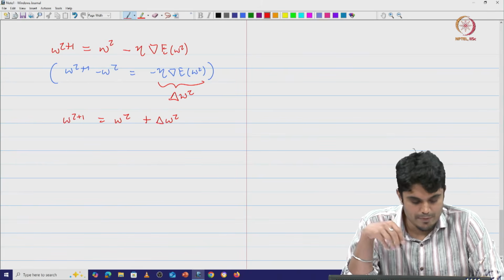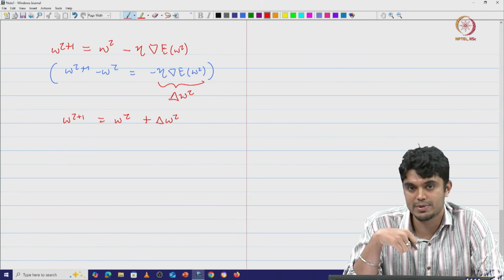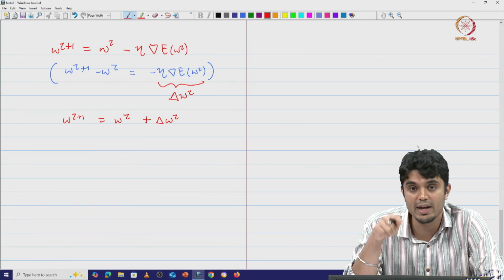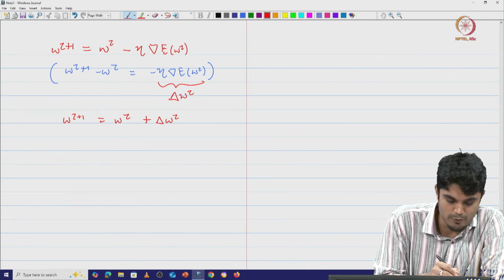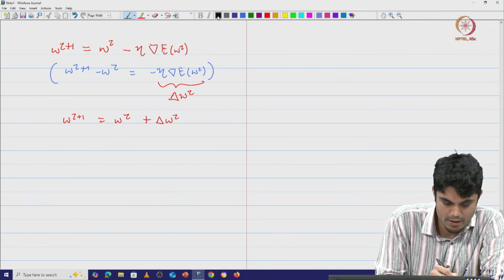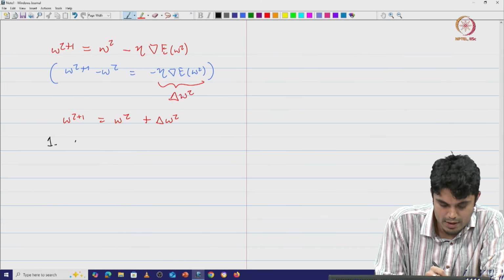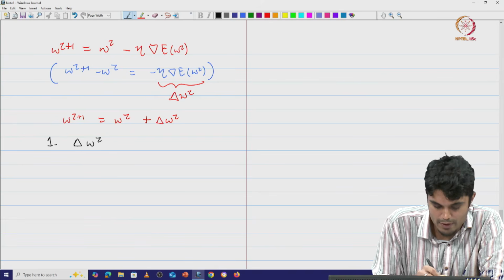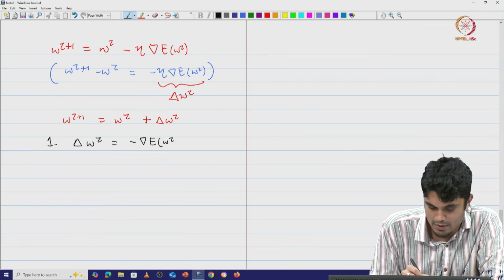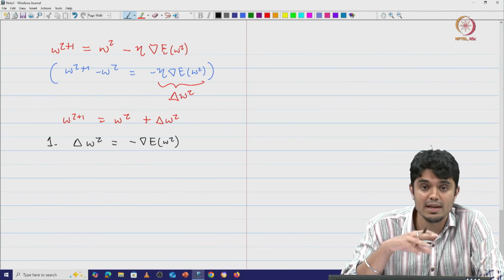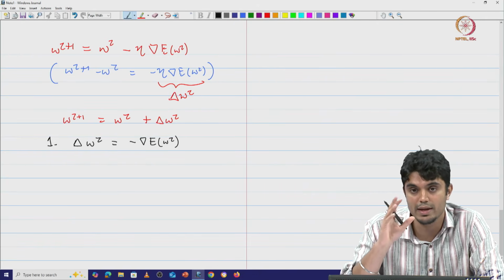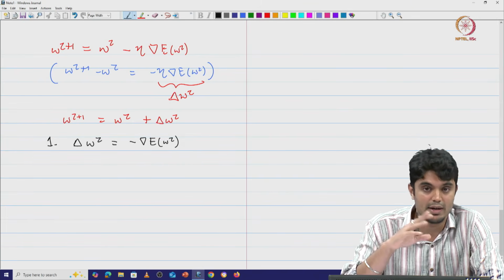So, we have come a little more abstractly. The reason for this abstraction is that this is from where you can lead to different variants of gradient descent. We have already looked at three variants. Number 1, where delta omega tau was just nabla E of omega tau, the case of gradient descent without the idea of learning rate, so we were not scaling the step size with the learning rate at all.